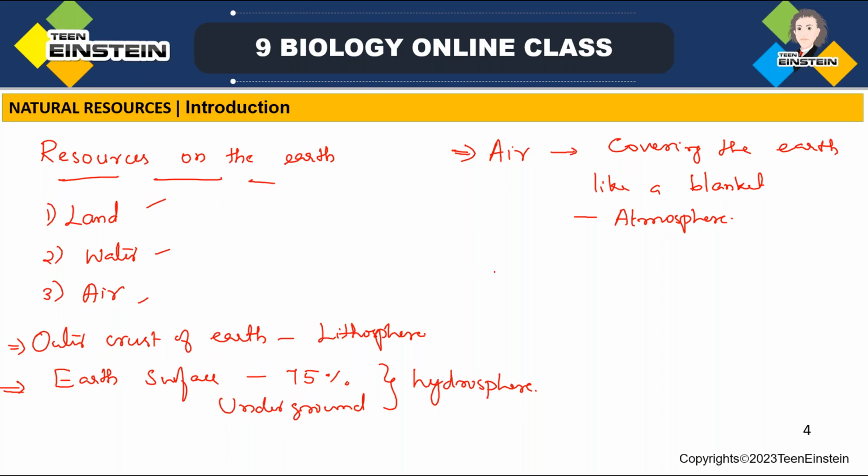And where these three, lithosphere, hydrosphere, atmosphere are found, living things can exist. Lithosphere, presence of land; hydrosphere, presence of water; then atmosphere, presence of air.